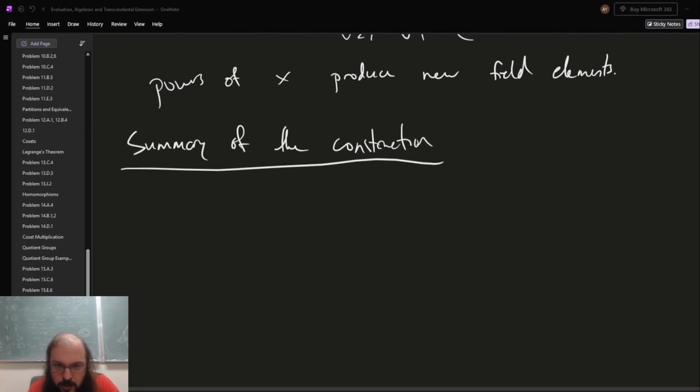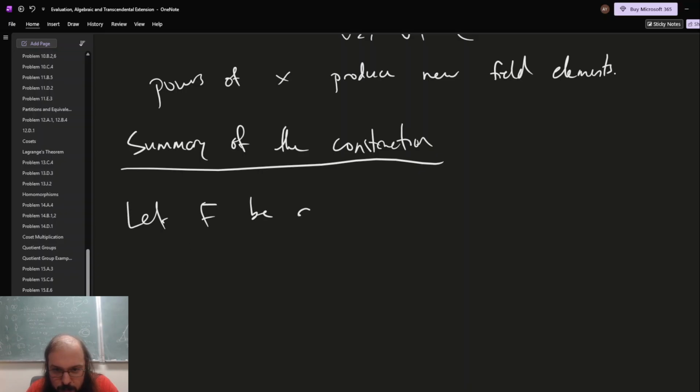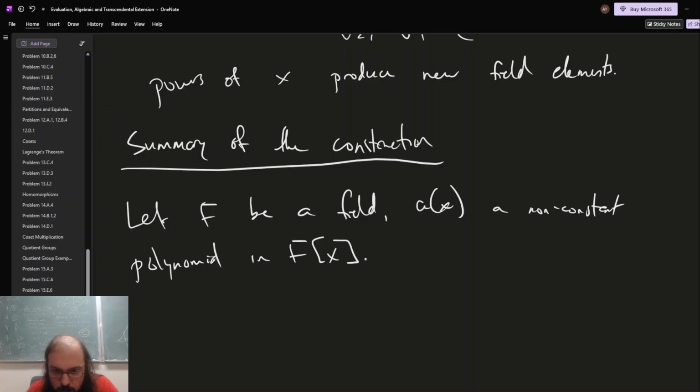So this I'll take from Pinter. So let F be a field, and A(x), this is his notation now, a non-constant polynomial in F[x].